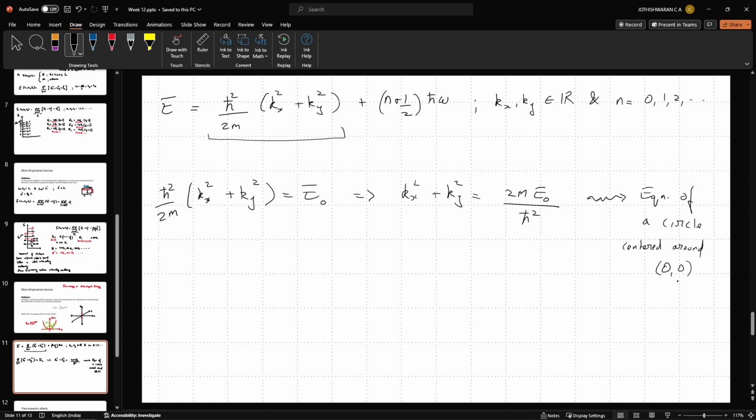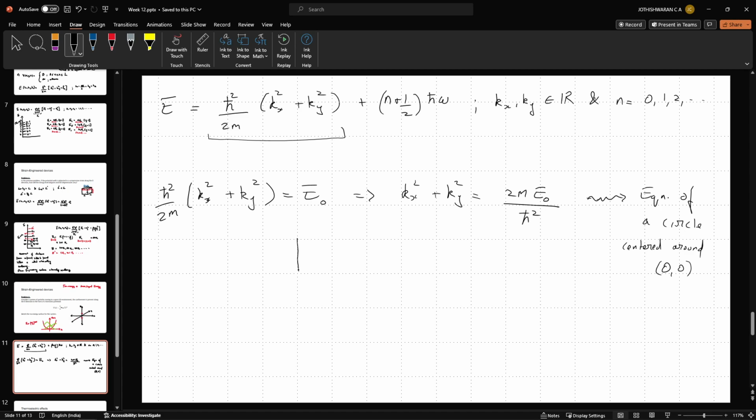Now, what will the effect of this be? First, let me sketch this.